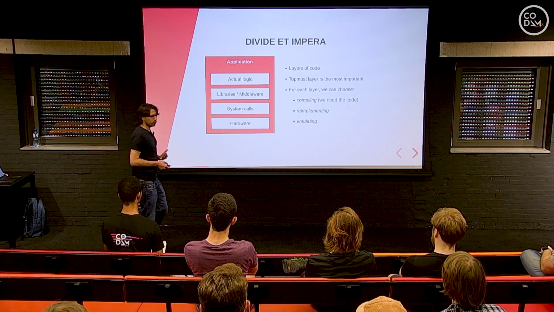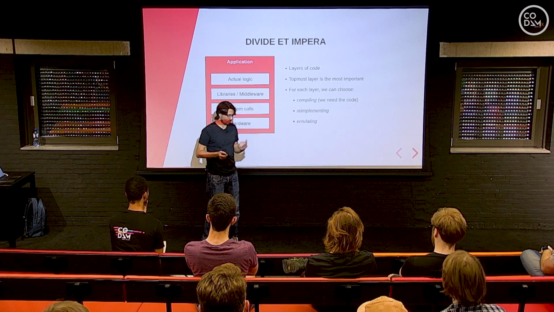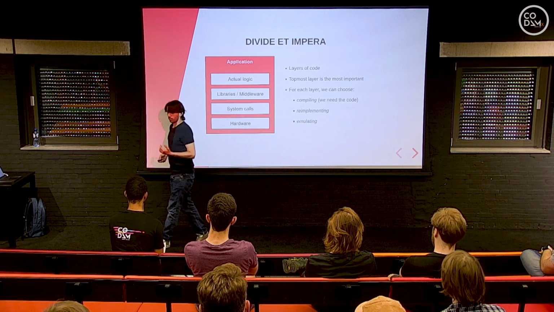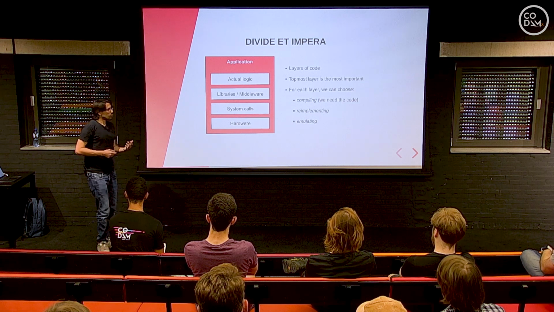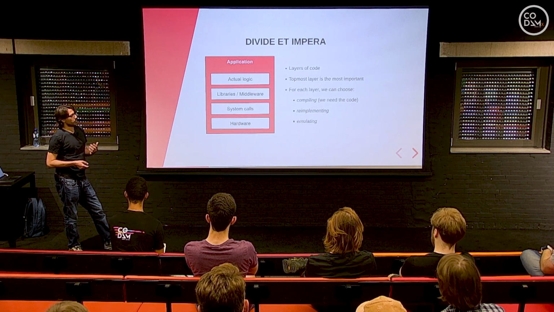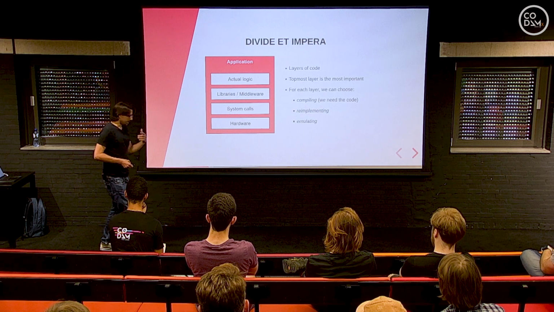We can also decide to simply re-implement something from scratch instead of trying to compile it, run it as it is. For example, if you're doing a port of a game to the browser, you don't really care about porting the OpenGL library from the system. You can directly use the WebGL implementation that the browser provides. And another option, again, is to emulate.